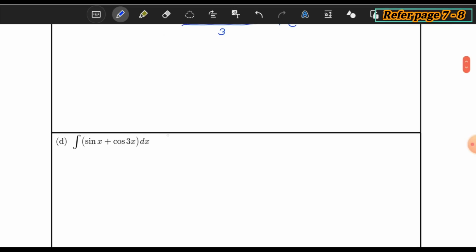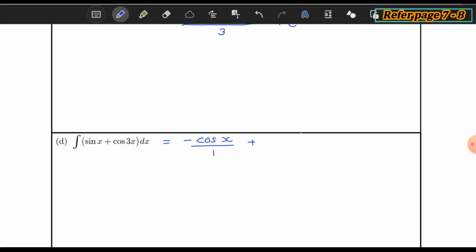Part D. Integrate sin x plus cos 3x. We need to integrate one by one. Integrate sin x is negative cos x, actually divided by 1, and 1 is from the derivative of x.